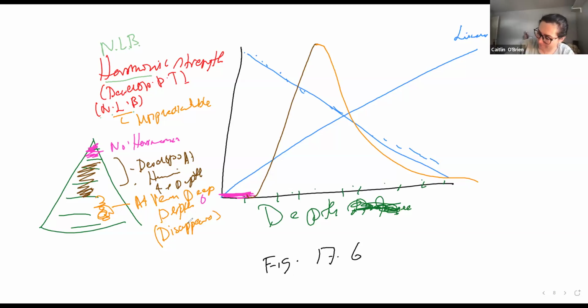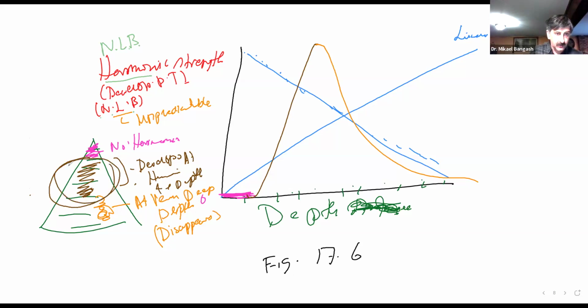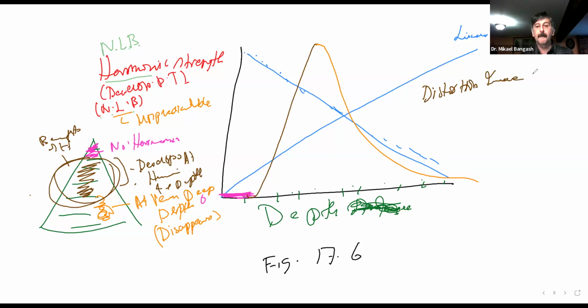Nope. Good. So in this image here, this area is where we get the benefits of our tissue harmonics. The main benefit, first, is that it is distortion free, which we will talk about a bit later on.